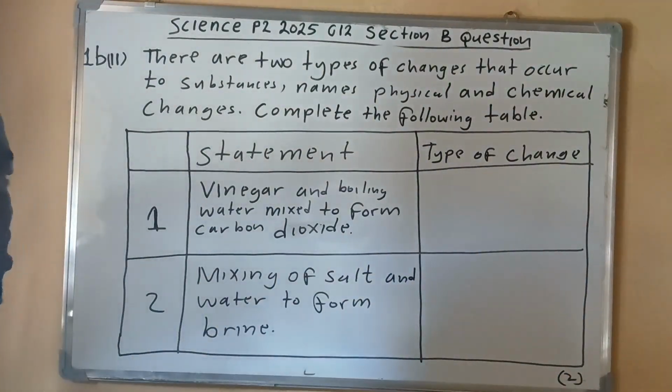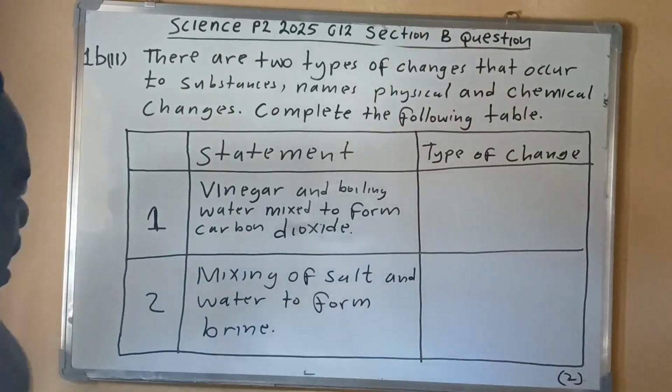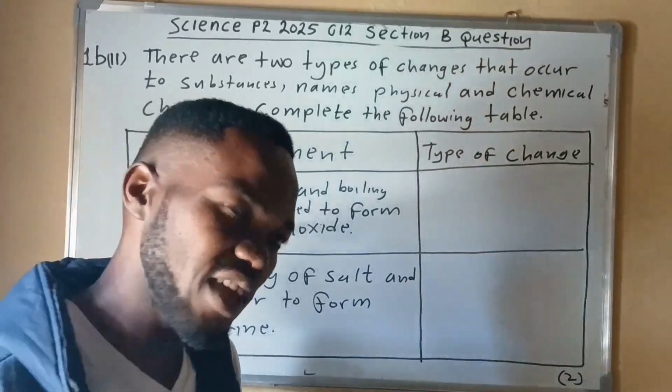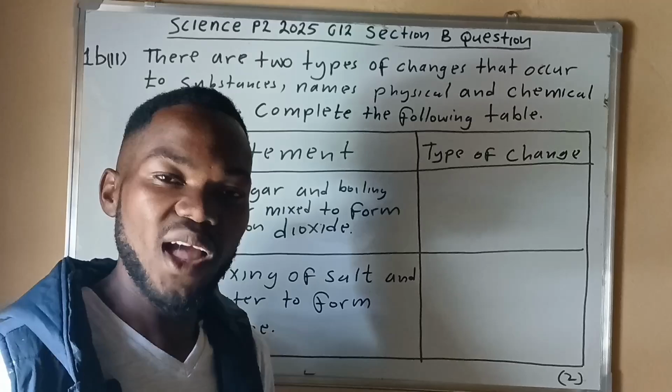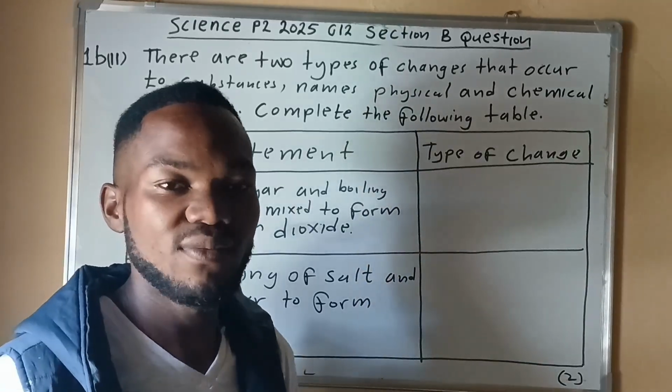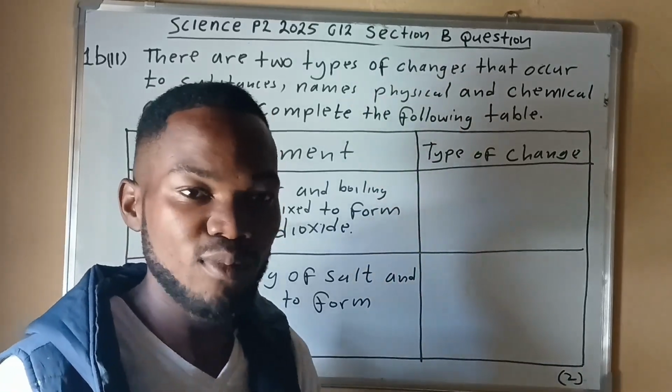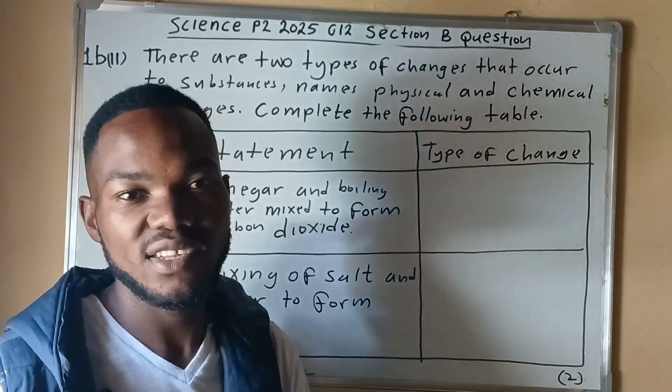So before you answer this question, you must understand what is a physical change and what is a chemical change. A physical change is a change where no new substance is formed after the reaction.